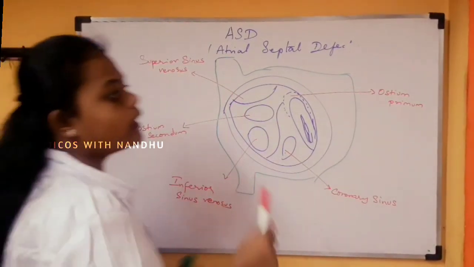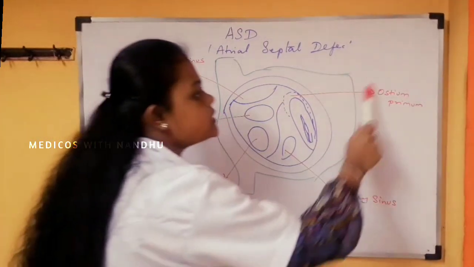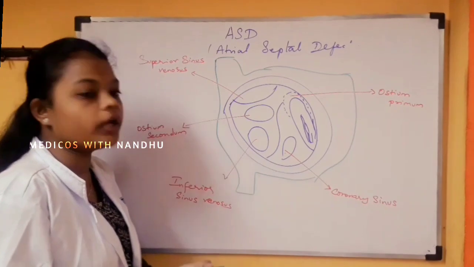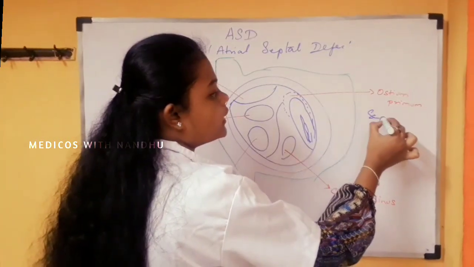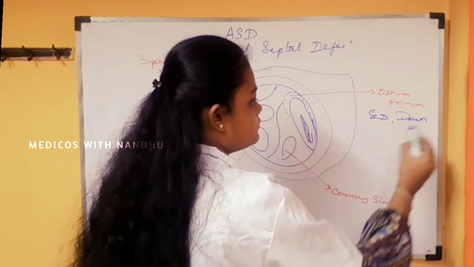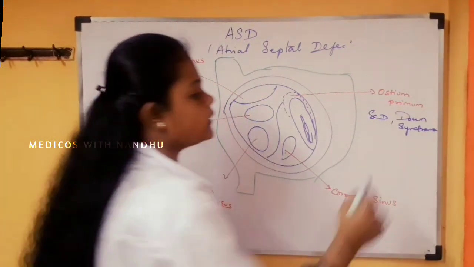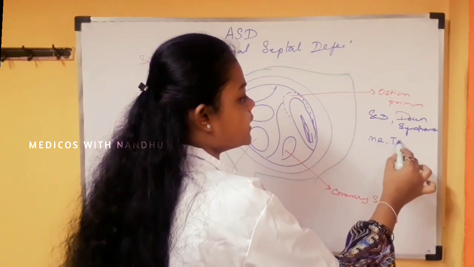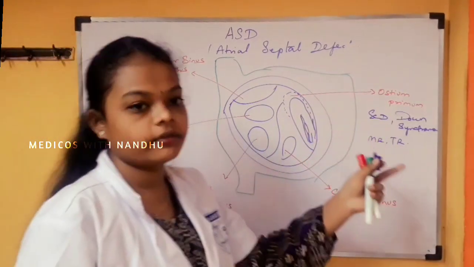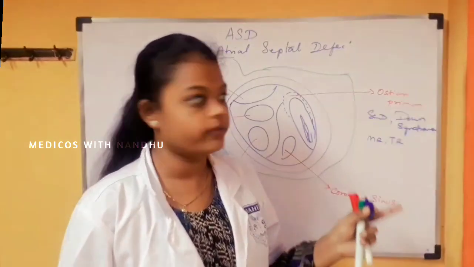Okay. So the peculiarities between ostium primum and ostium secundum: ostium primum is a type of ASD that is associated with endocardial cushion defect, Down syndrome, as well as mitral valve regurgitation and tricuspid valve regurgitation.